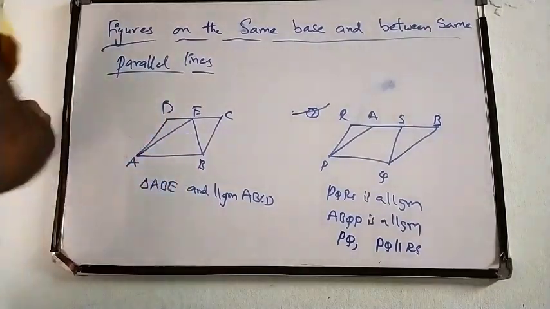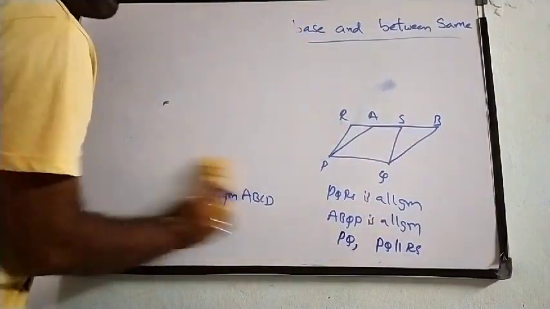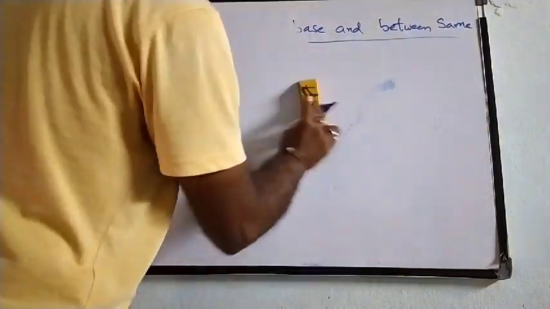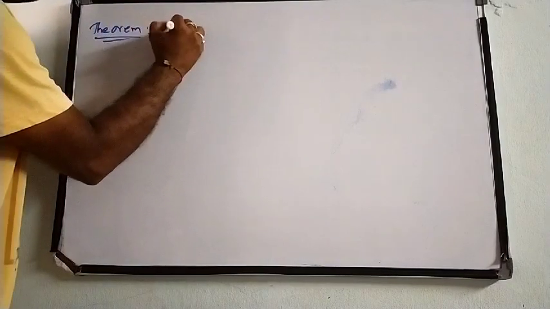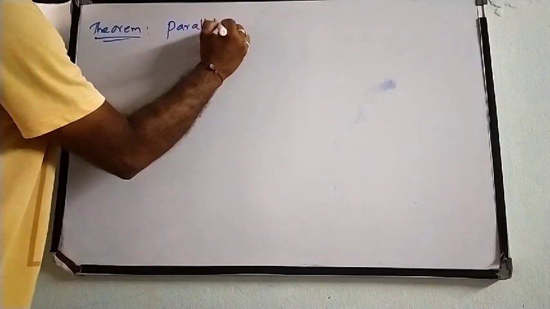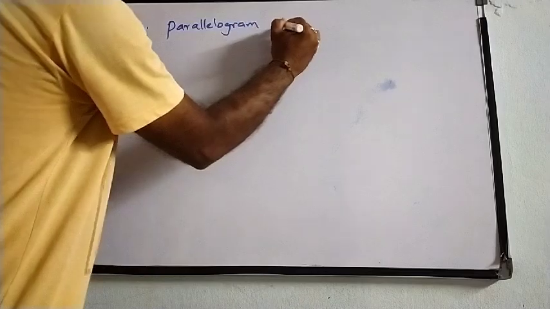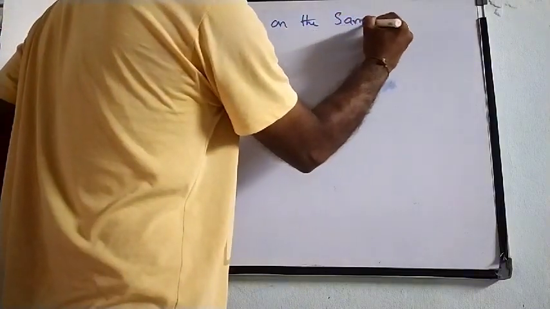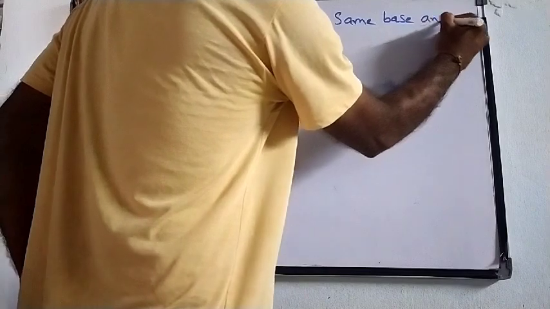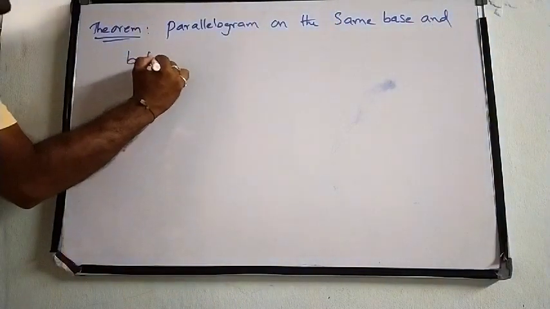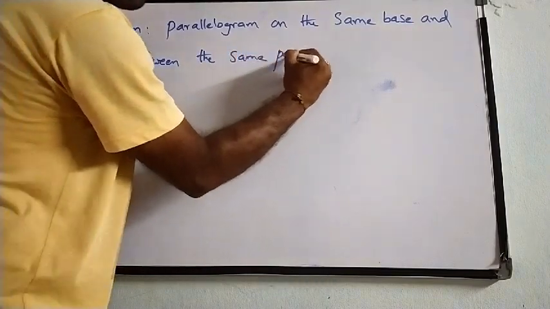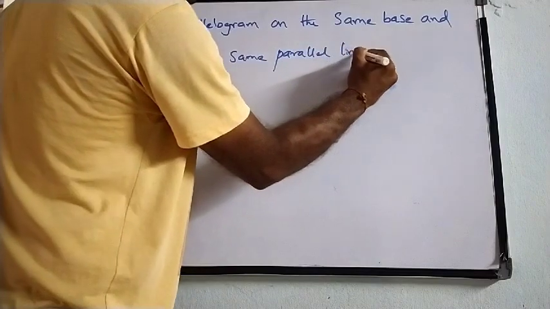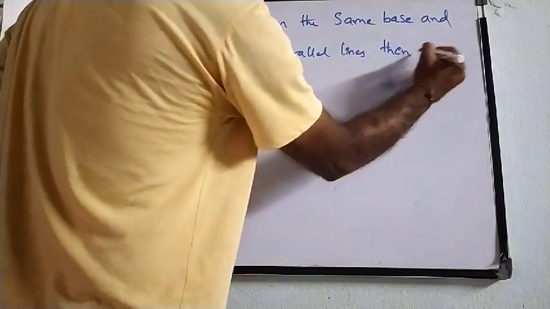Let us prove one theorem. Theorem one: parallelograms on the same base and between the same parallel lines, then their areas are equal.